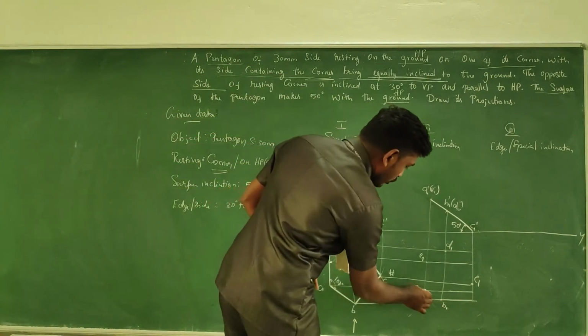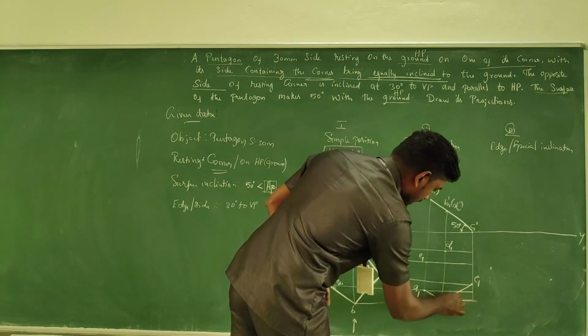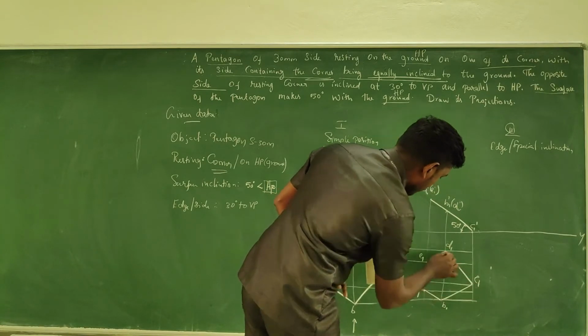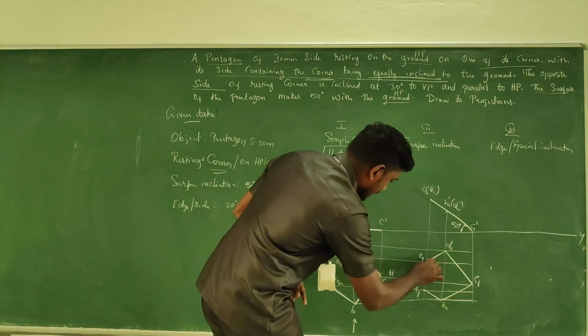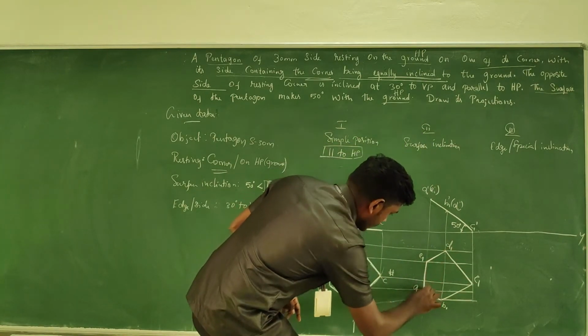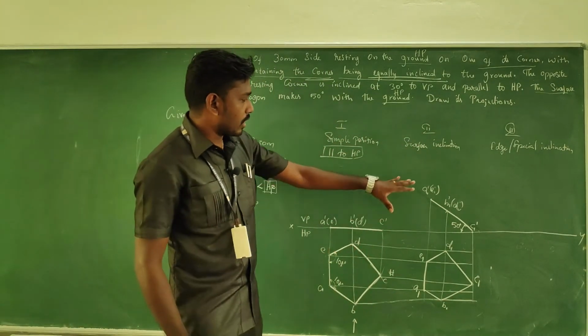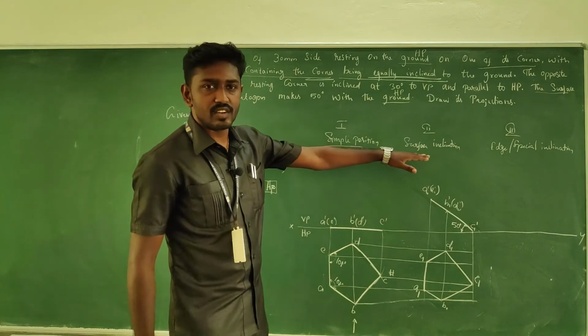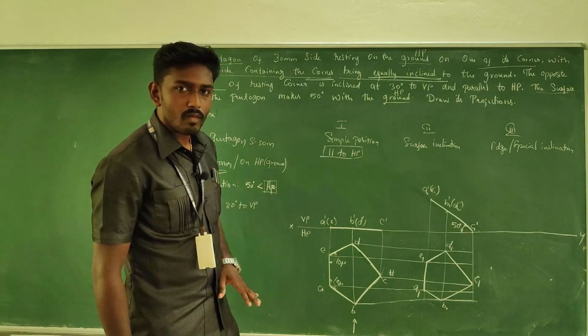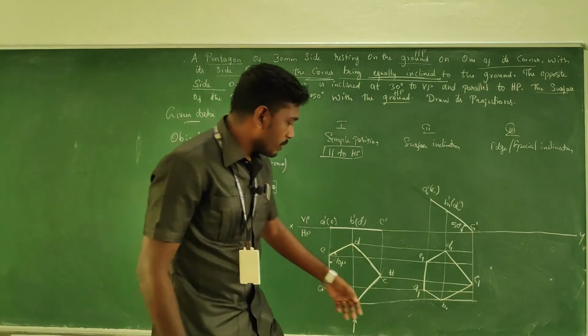By connecting A to B, B to C, C to D, D to E and E to A, we trace what? The top view for the surface inclination. Right?